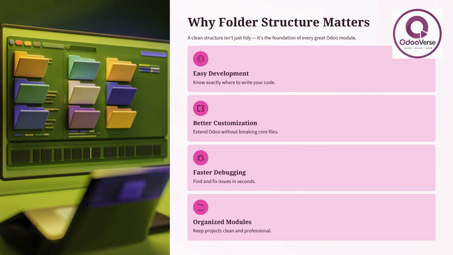Third, debugging becomes faster because files stay properly organized. And finally, clean modules make projects look professional and easier to maintain in real-world client work. That's why every Odoo developer should understand folder structure properly.